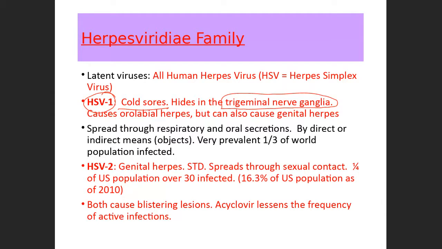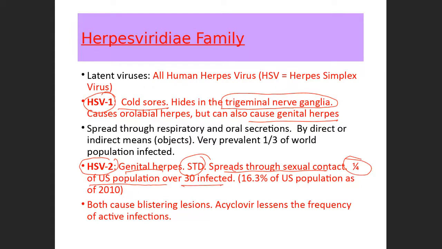They could also cause genital herpes, but they usually don't. The actual virus that causes genital herpes is the HSV-2 virus, herpes simplex virus 2, which is an extremely common STD, one of the most common STDs that we have. They spread through sexual contact. A fourth of the US population over 30 is infected.